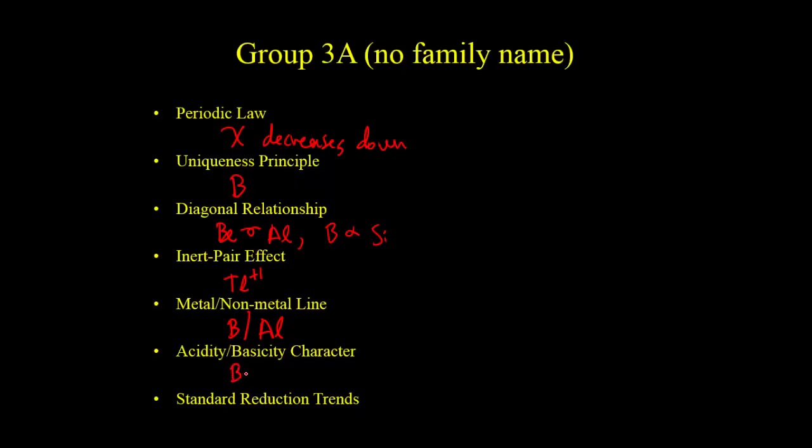The boron oxides, or boron hydroxides, are Lewis acids, whereas aluminum oxide is amphoteric, and the other oxides are basic. Standard reduction trends: as we go down the group, the standard reduction potential increases, but of course there are some jumps and exceptions.